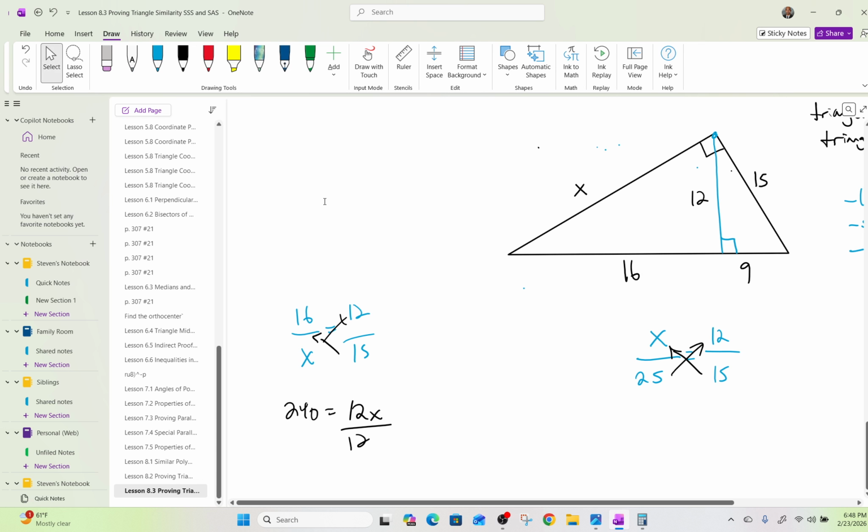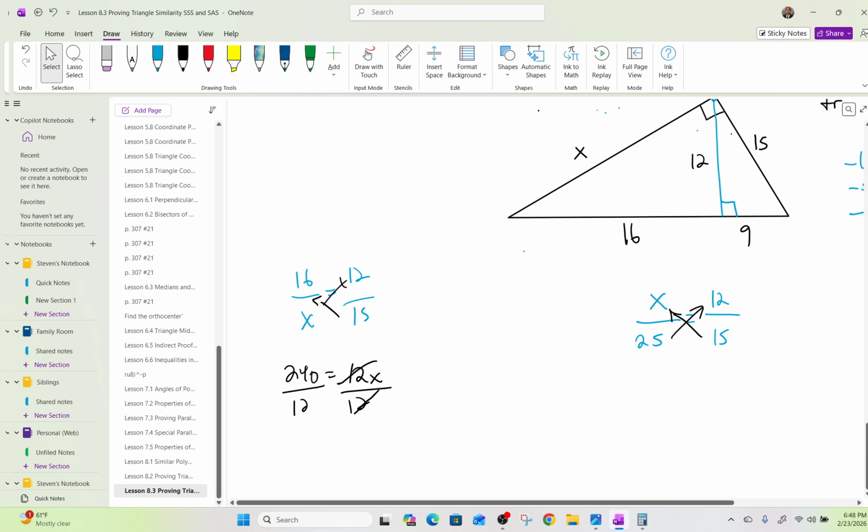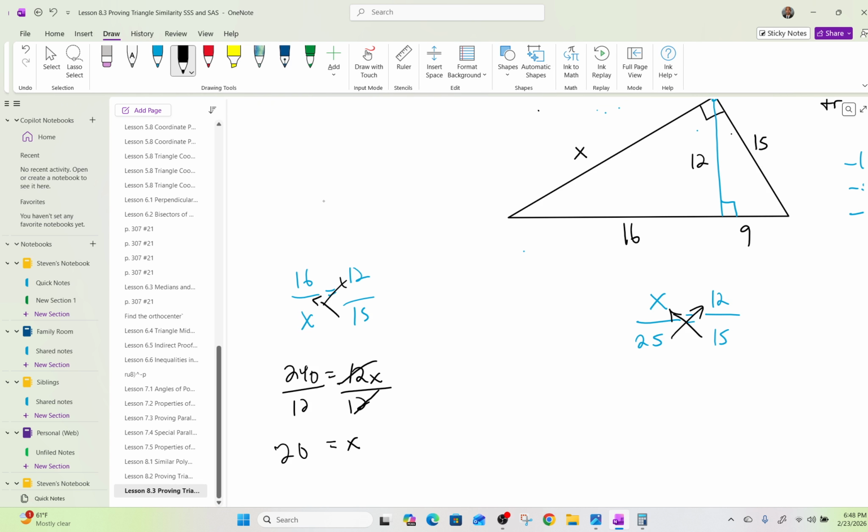Divide both sides by 12. And again, 240 divided by 12 is an easy problem because we are in charge of the machine, right? You punch it into your calculator and you will get 20, and that's x.